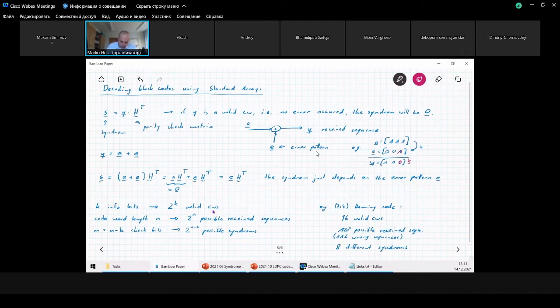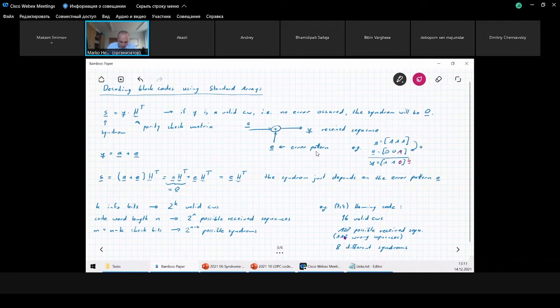Okay, so then we came to an example. If we think about the 7,4 Hamming code again, we have 4 information bits, which means we get 16 valid code words. But as our code words are of length 7, we can have 128 possible received sequences. From these, 16 will be correct code words, and 112 will be any sequence which is not a valid code word.